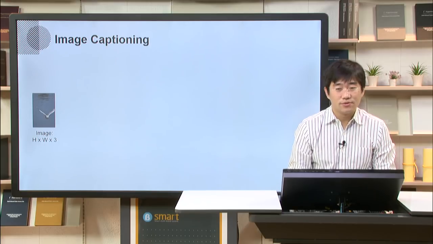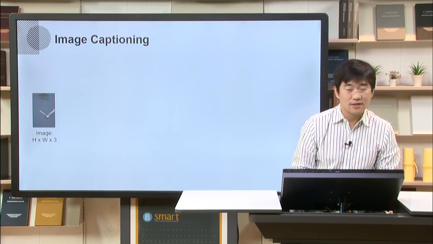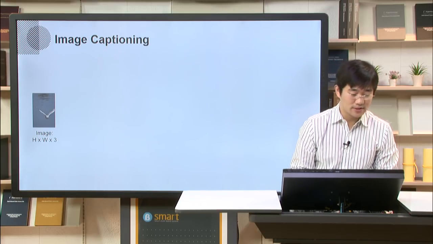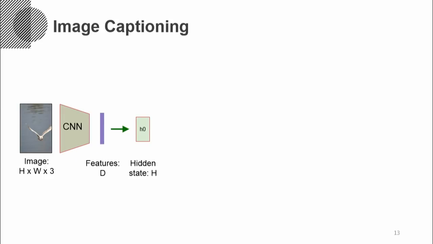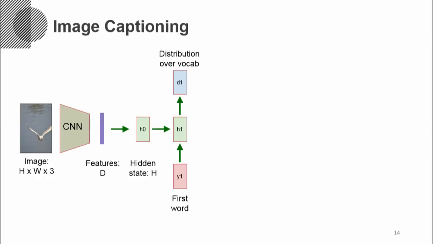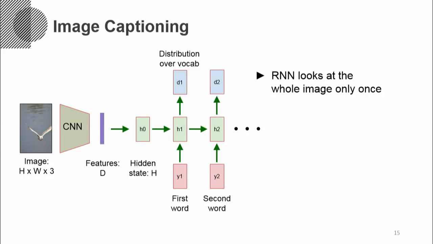Let me just go through again this image captioning process that we just learned. Given this image that has this height and width and the depth of 3, which corresponds to RGB, by using a CNN, we extracted some meaningful features. And then it worked as a hidden state vector in the previous time step, and it started to generate those caption words. So that was the model that we studied in the previous slides.